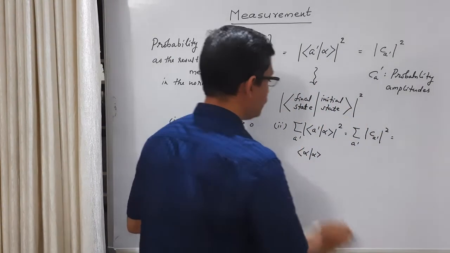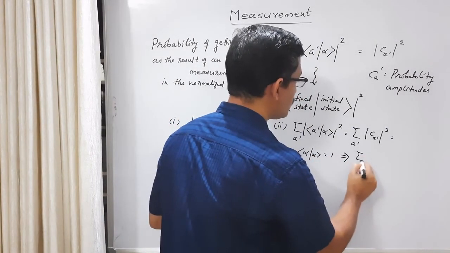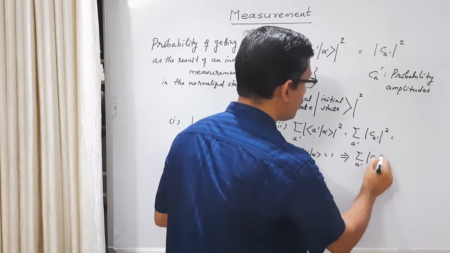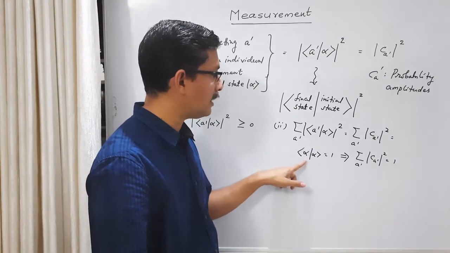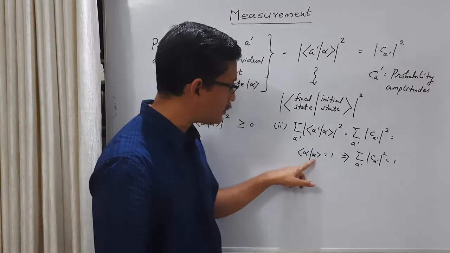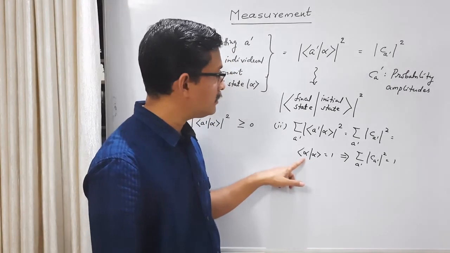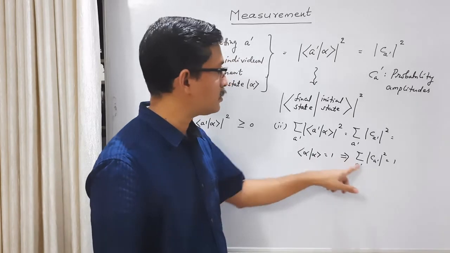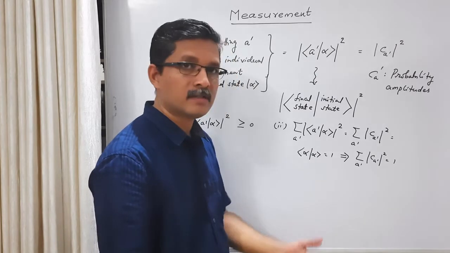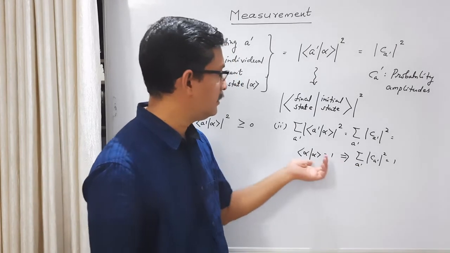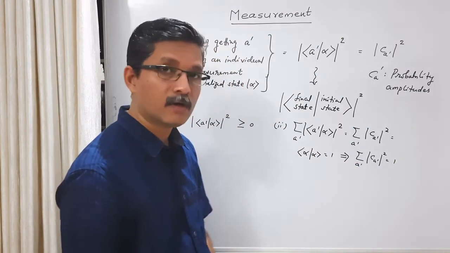Now we can show that this is equal to the summation over A prime of mod C A prime squared, which is equal to 1. If we start with a normalized ket, you expand this ket vector and bra vector over eigenkets, and using the orthonormality condition of the base kets, you can show that this can be expressed like this. This we have discussed in one of the previous classes.